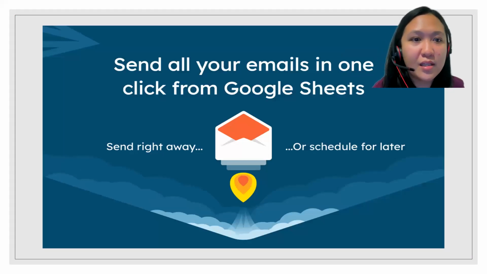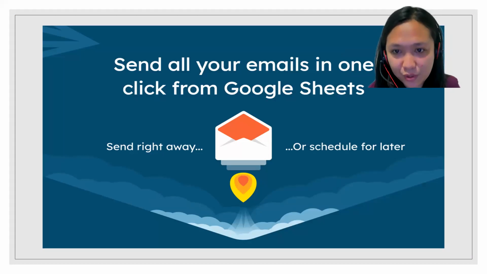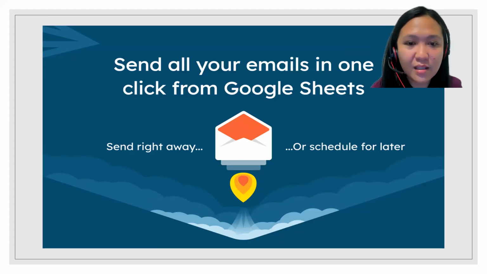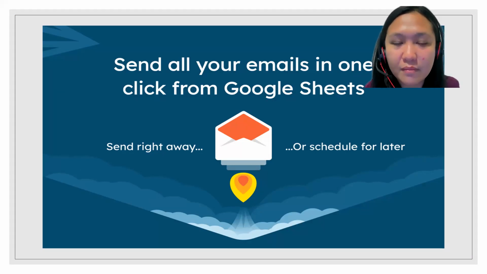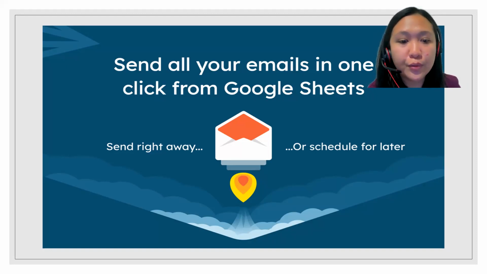Or you can send all your emails in just one click from your Google Sheets. So you can send it right away. As a homeroom advisor, I hope this would be helpful to you. This will show you all you need to do.